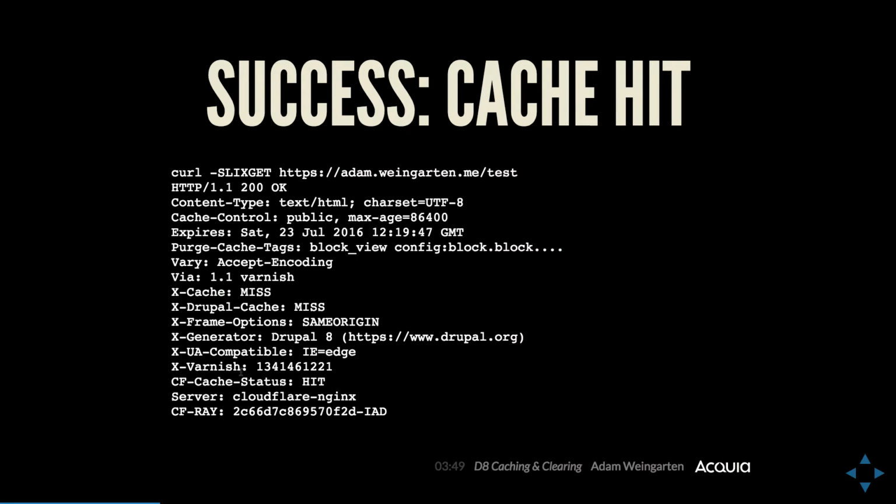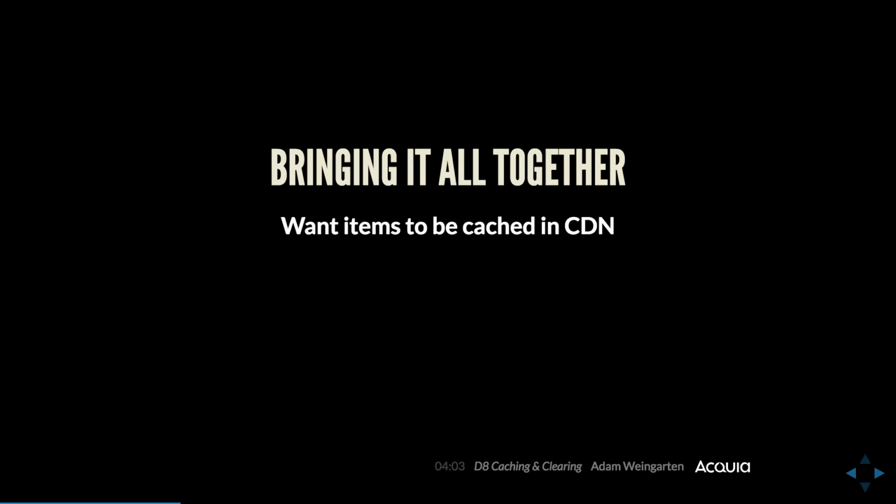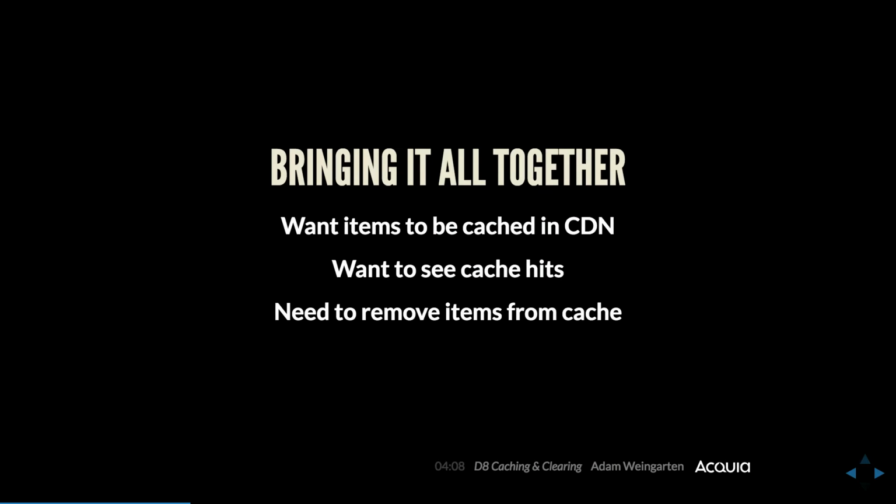Everything that we're going to be talking about today has to do with changing that word from miss to hit, and vice versa. That's all we're doing. It's the most trivial thing, but it has huge implications. So bringing it all together, we want items to be cached in the CDN. We want to see those hits. But we also are going to need to be able to remove items from the cache. Keep that in mind.